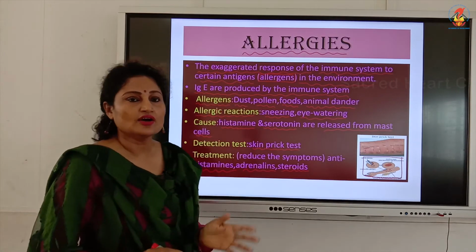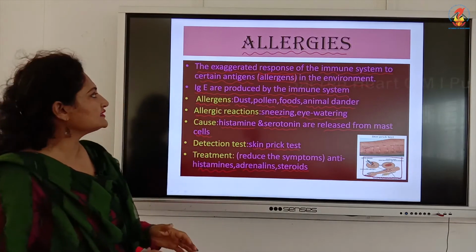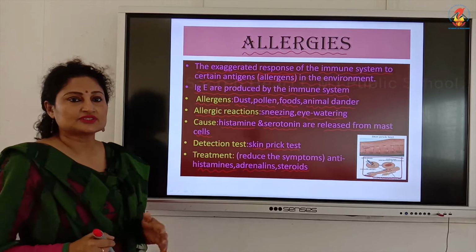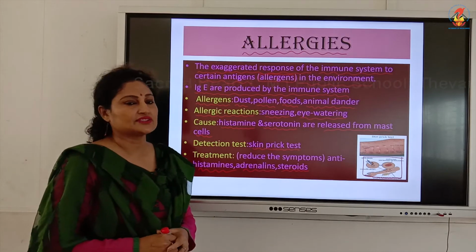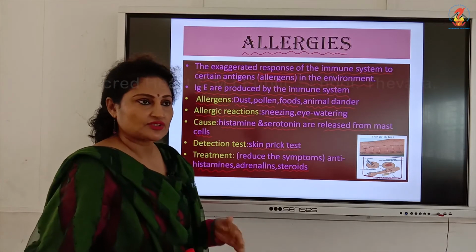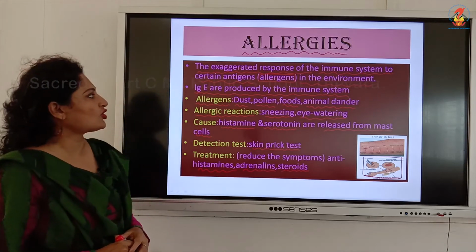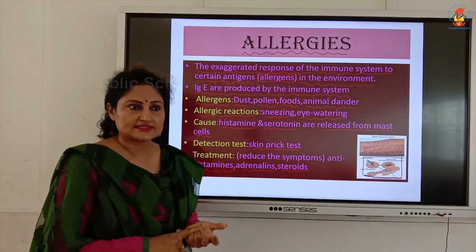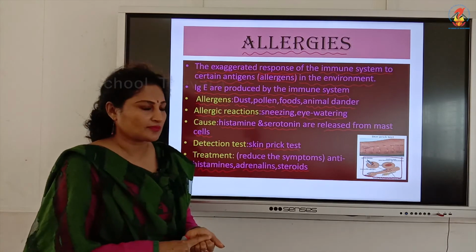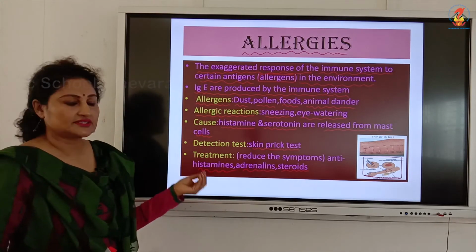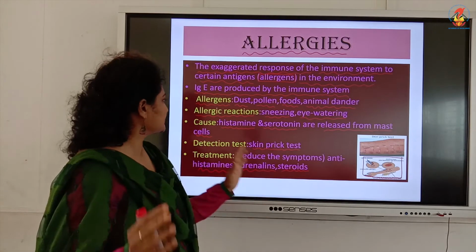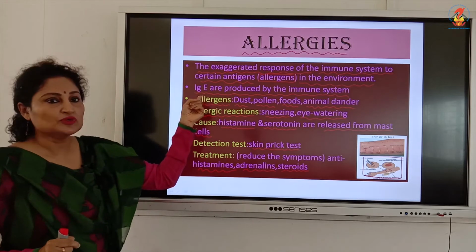So, once again, what are allergies? Allergy is the exaggerated response of the immune system to certain substances or antigens present in the environment. These substances are called allergens, and allergens include pollen grains, dust, pet danders, chalk powder, etc. And the allergic reactions include sneezing, running nose, rash, etc. And how does the immune system respond?